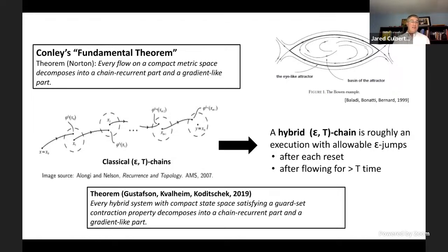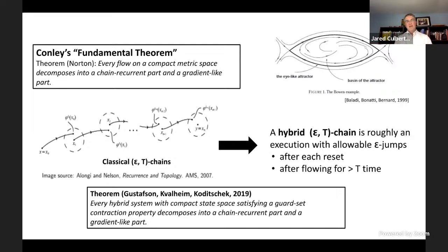And for us, one of the important things was Conley's development of chain recurrence, particularly the epsilon T chains that he used. This picture is a little fuzzy, but hopefully it's still intelligible. As opposed to a usual trajectory where you just flow along some integral curve, here you flow for some time t, and then you're allowed to jump by some epsilon over to some other trajectory, and then flow for at least t, and then jump.